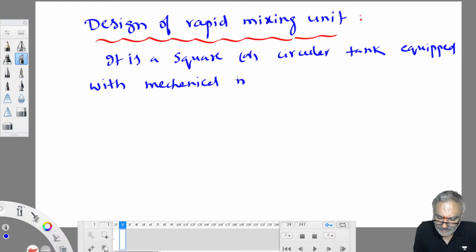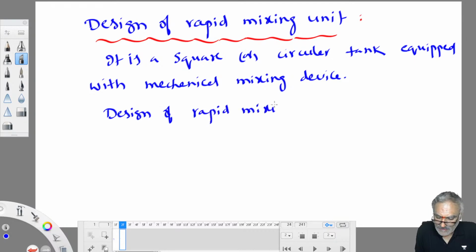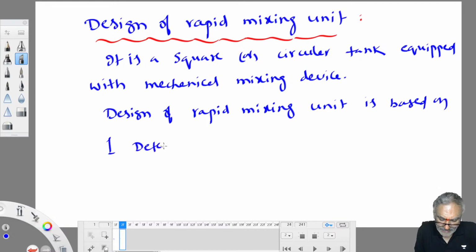In the morning session we discussed how to design this. The design of the rapid mixing unit is based on 2 parameters. One is detention time, the other one is velocity gradient.